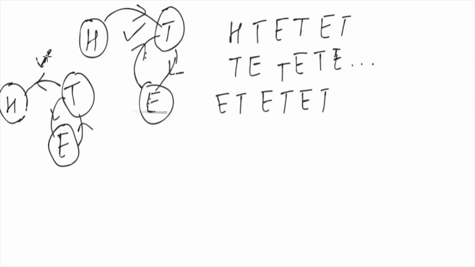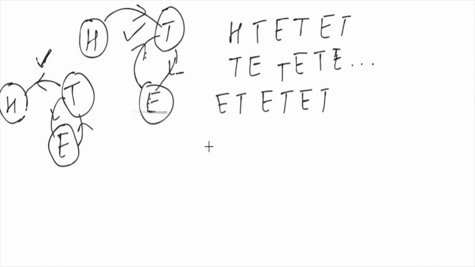Well, it's very simple. If every state, like this state, this state, this state, has one outgoing and one incoming arrow, that means you know where it came from and where it's going.